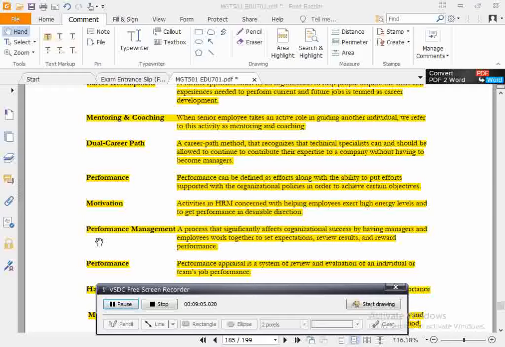Performance management: a process that significantly affects organizational success by having managers and employees work together to set expectations, review results and reward performance.